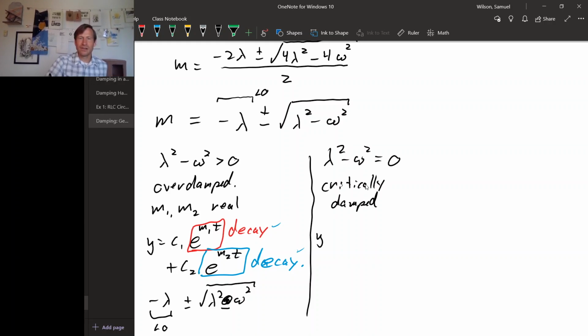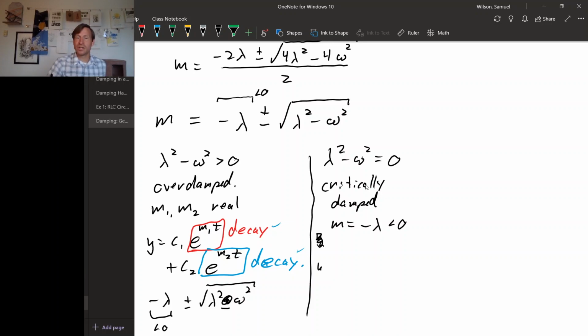In that case, this square root part is actually 0, and so the only root for the characteristic equation is minus lambda, and it's a repeated root, it's real, and it has to be negative, because remember with lambda it has to be positive.